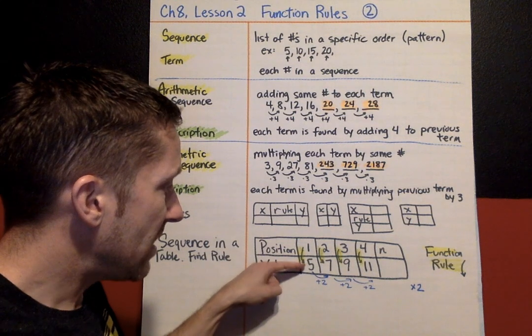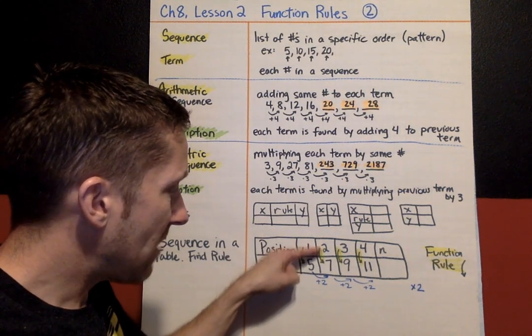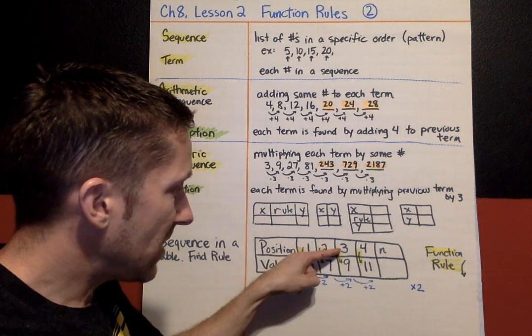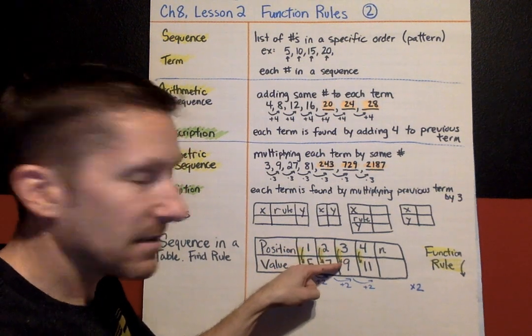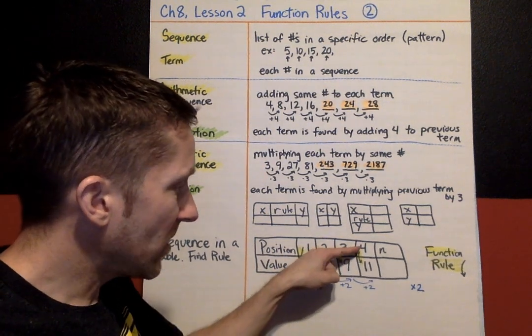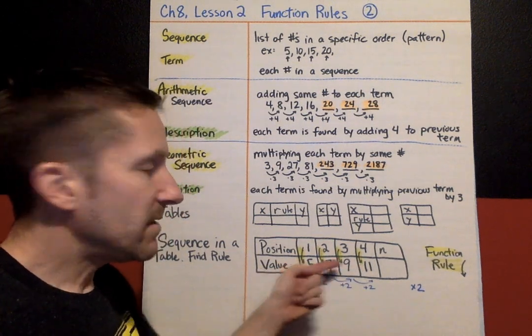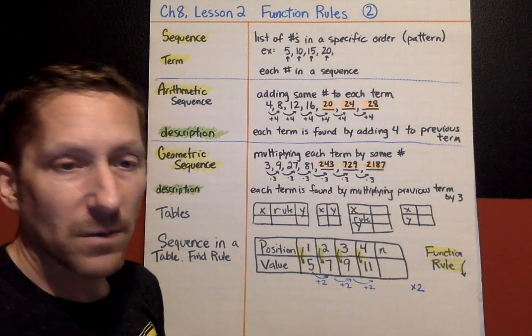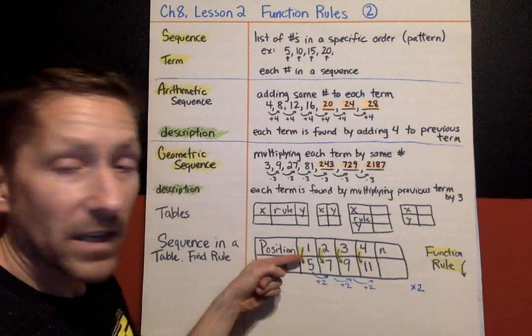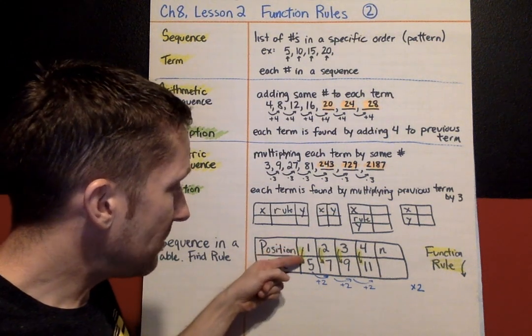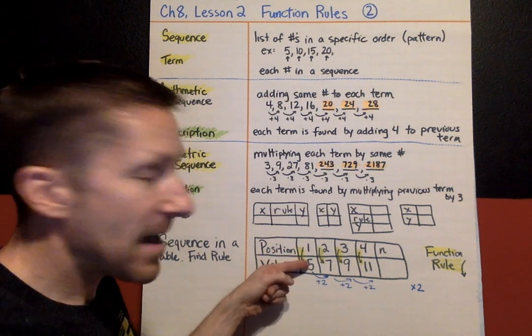What's 1 times 2? I would get 2. What's 2 times 2? I would get 4. What's 3 times 2? I would get 6, not 9. What's 4 times 2? I would get 8, not 11. But what gets me to that value after I've multiplied it by 2? Well, look at number 1. 1 times 2 is 2. How do I get to 5?